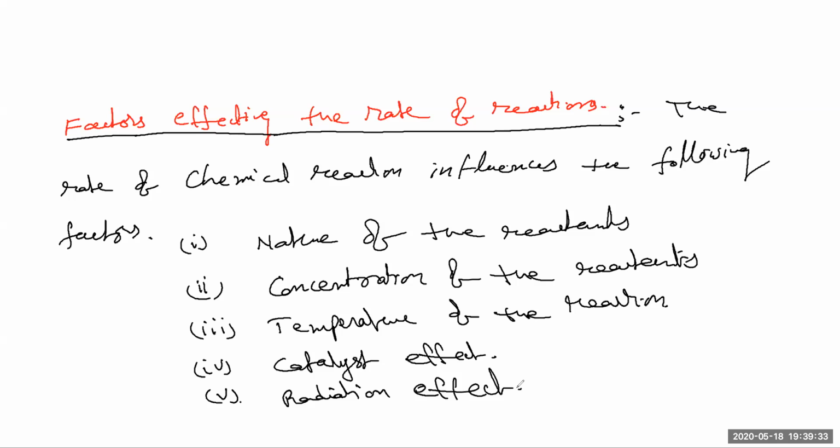Okay, completed. Can I clear? Yes sir. What are the 5 factors? That is nature of the reactants, concentration of the reactants, temperature of the reaction, catalyst effect, and radiation effect.